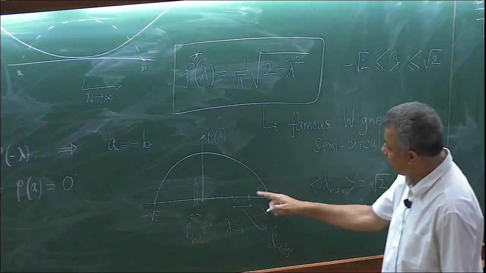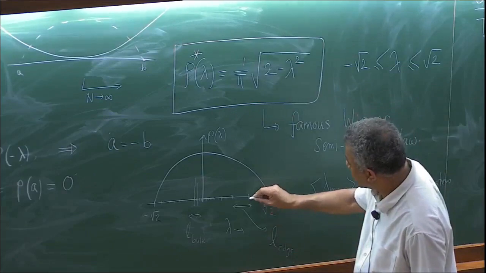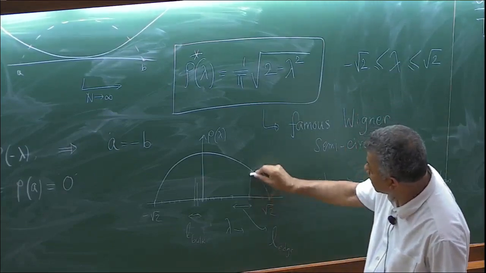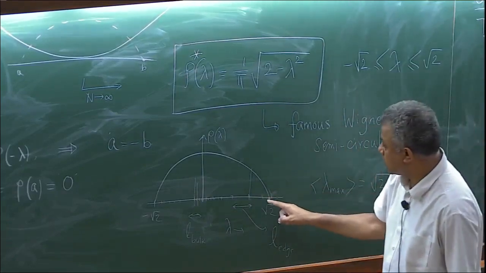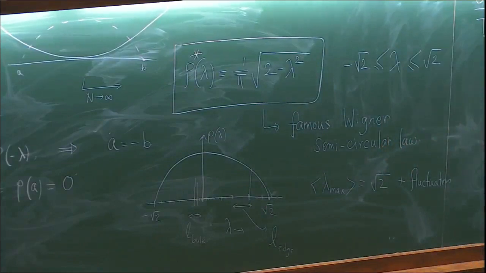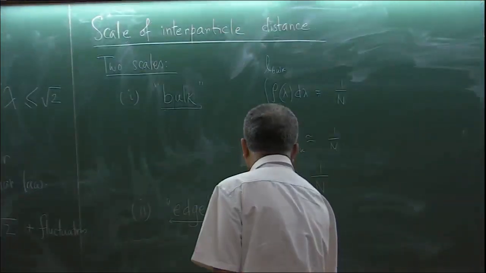So we want to estimate this scale. Let's do the same thing again. I go to the very edge of this spectrum, and I integrate this density, rho lambda d lambda, from root 2 minus L edge till root 2.